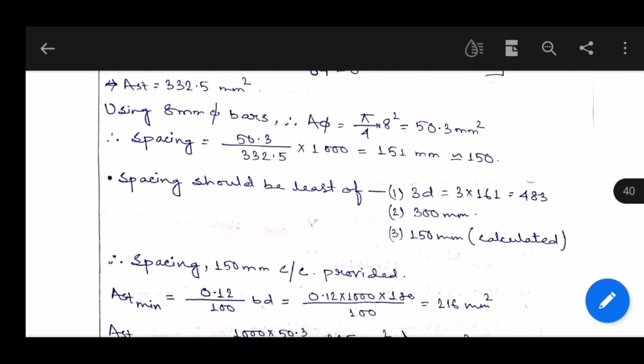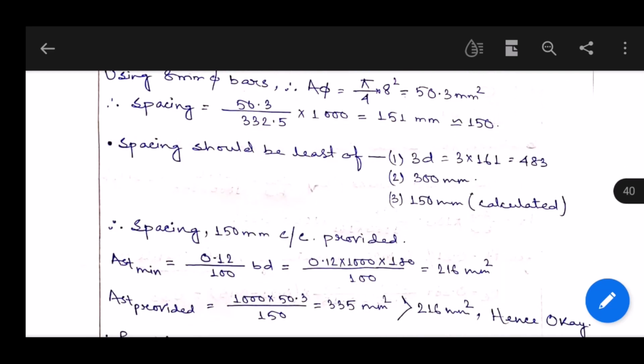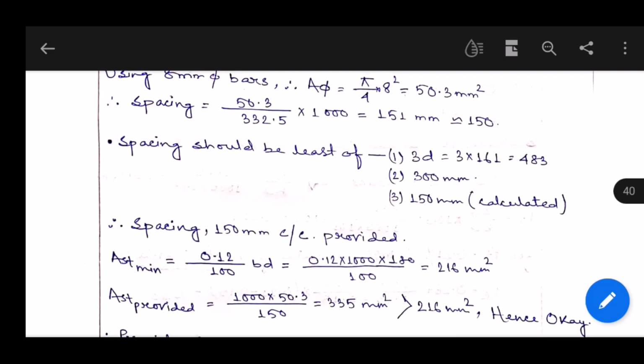Now area of steel minimum is 0.12 by 100 into b into d. This is HYSD bar, that's why the 0.12 value is used, that is equals to 0.12 into 1000 into 180 by 100, that is 216 mm square.